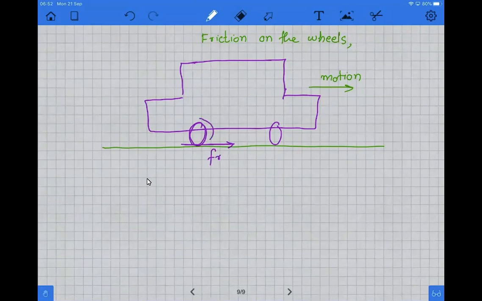The wheels are rotating in this direction, for example, clockwise. When the vehicle is moving forward, the wheels are rotating clockwise, and this friction is opposing this rotation. The friction goes in the forward direction.